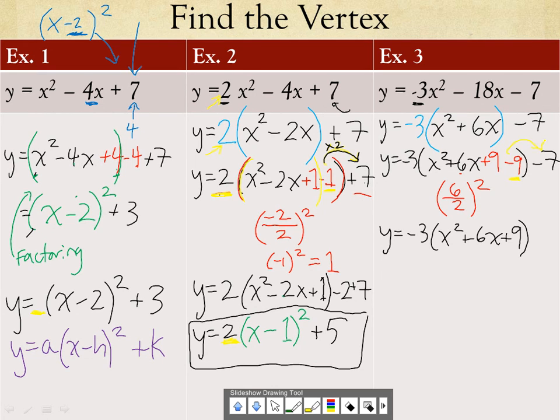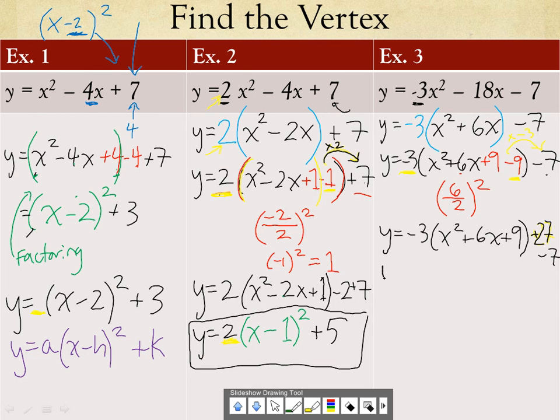So I want to remove it from the brackets, but before I do, it has to be multiplied by the coefficient on the bracket, which is -3. So I multiply by -3. So -9 times -3 is positive 27. I'll put that in black so you can see it better. So positive 27. And then, of course, there is the -7 from before. Sorry that it's not on the same line.